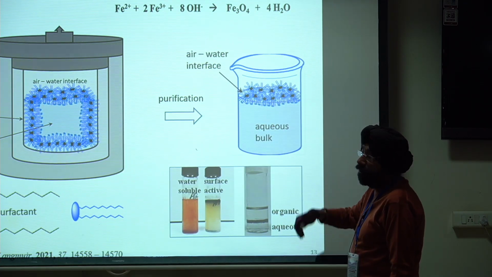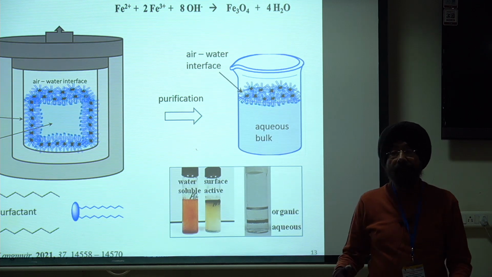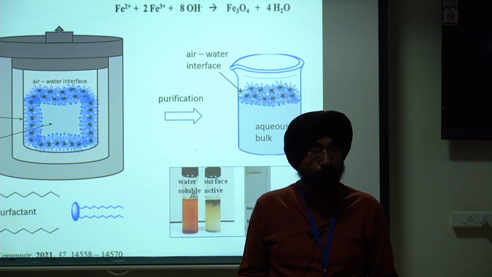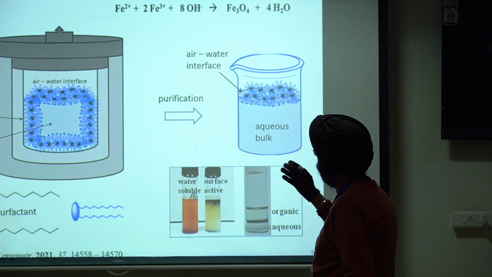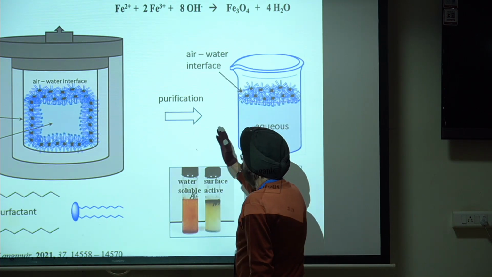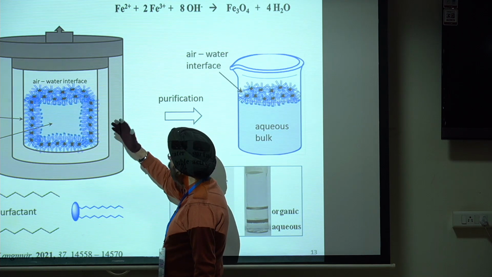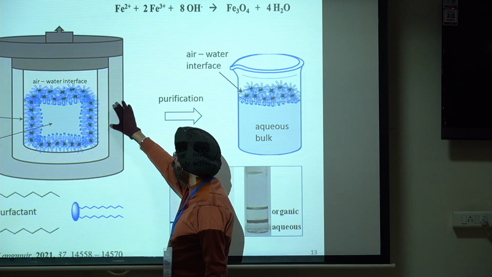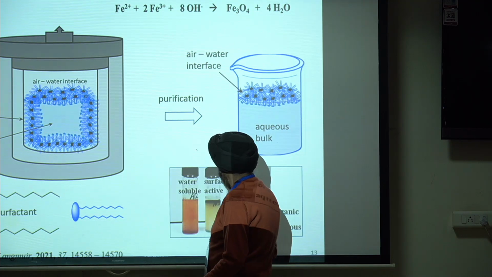If you take them out after the annealing, when the crystallization is completed after 24 hours, from the Teflon container you can take out, you place the magnet, all nanoparticles are attracted towards the magnet, right?